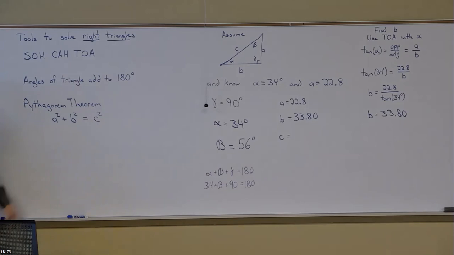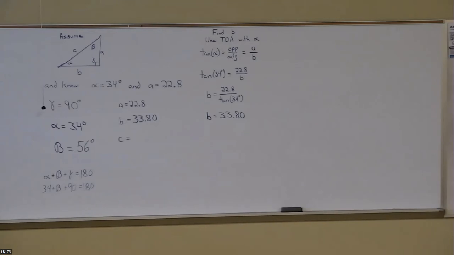Or now that I know A and B, I can use the Pythagorean theorem to find the C. I'm going to do it both ways, and there's going to be a point to this, to show you both ways for finding C.